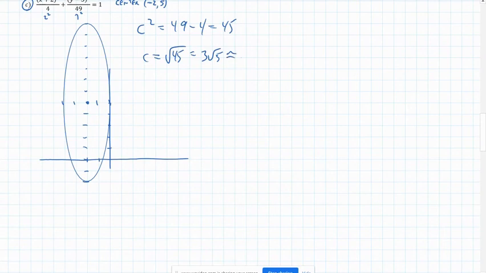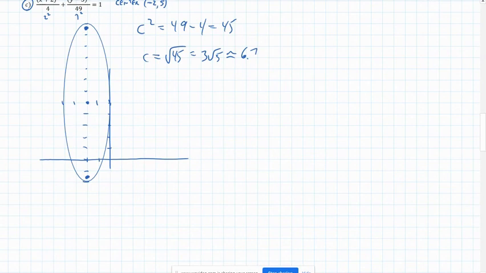And that is about 6.7. And so if we go up 6.7, that's going to put us right there near the edge. And then down here, because we know that the full distance is 7, so 6.7 is very close to the full length.